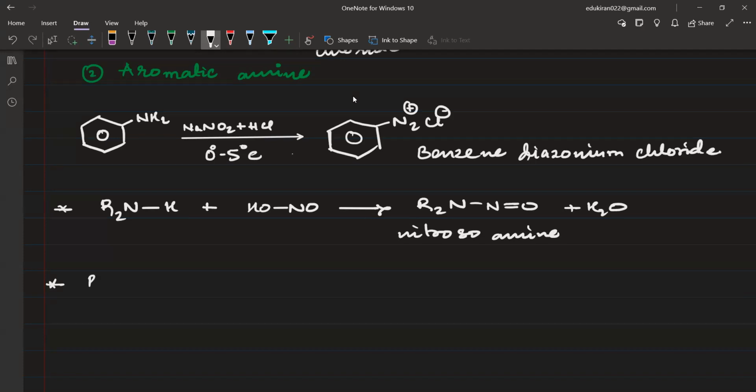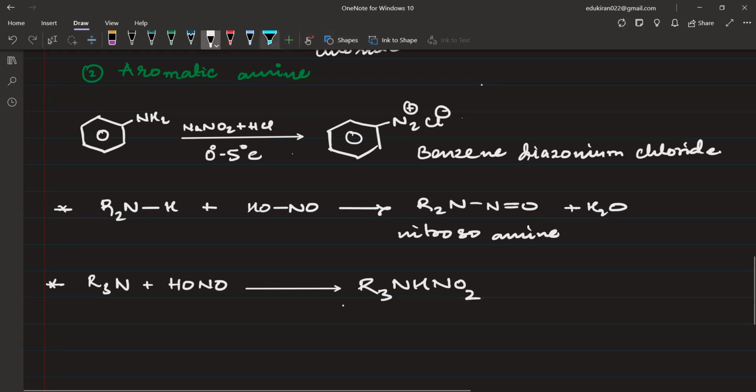Now when we have tertiary amine, 3 alkyl groups plus HONO, you get first of all a salt in which we have R3 and H. This nitrogen has positive, and you have NO2 negative.